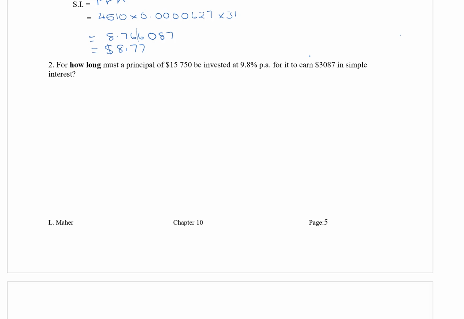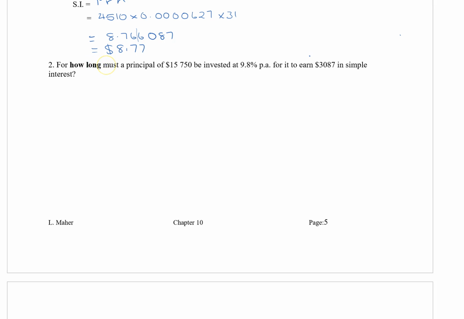Now have a look at example 2 and hopefully register some clear differences. So from the very beginning, it starts off, for how long? For how long? That means find how long, find n.